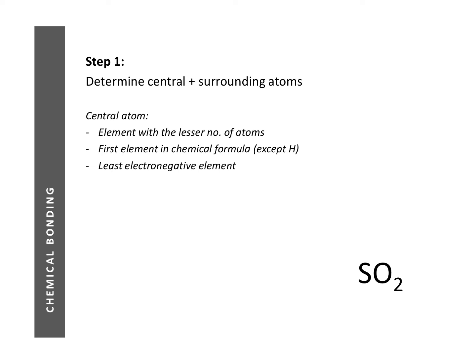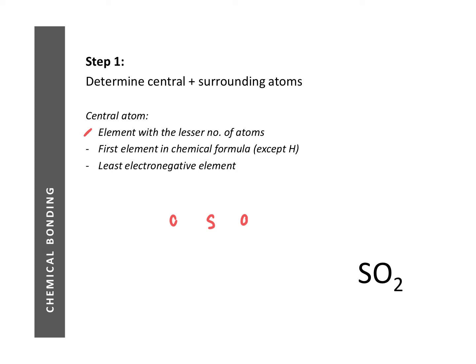The first tip is that it is usually the element with the lesser number of atoms. So if we look at the formula of sulfur dioxide, there's 1 sulfur atom and 2 oxygen atoms. So that tells us that sulfur is in the middle and the oxygen atoms surround the sulfur atom.